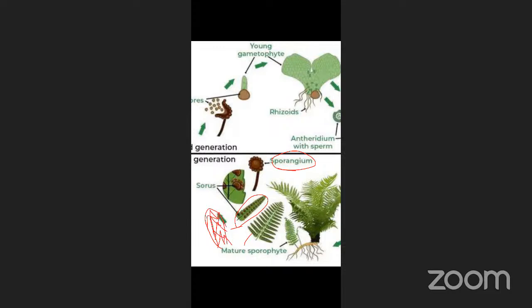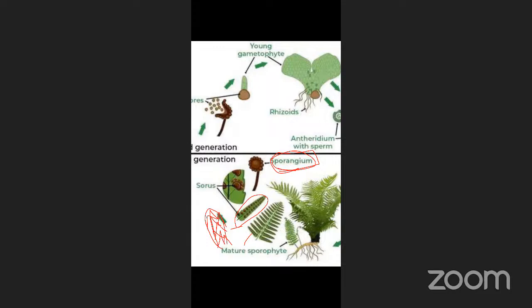Now, if we separate the sporangium, what is present in the sporangium? What is present in the capsule? The capsule is nothing but the sporangium. Sir, maybe it's sori? Right, spores are developed. Sori are part of the sporangium. Inside the sporangium, the archesporium is common.